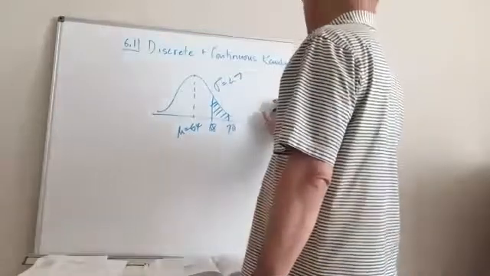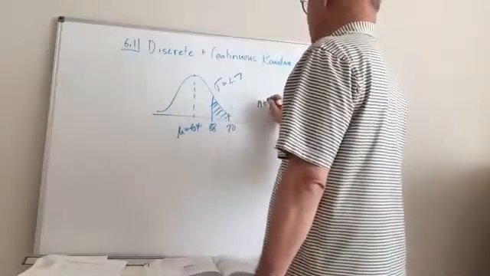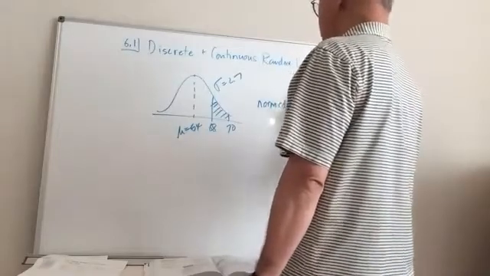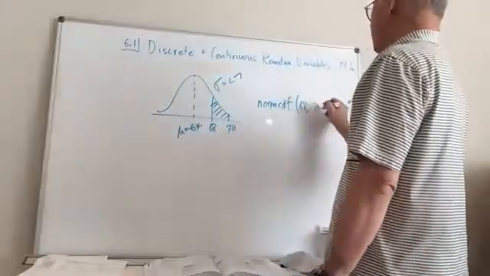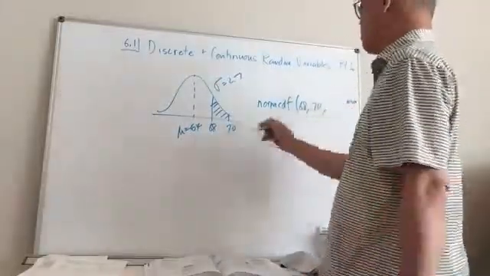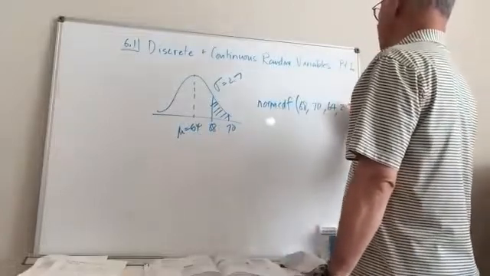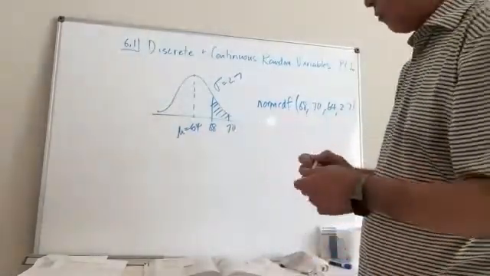To find the area underneath this curve, we will just use our good old friend norm CDF, where the lower bound would be 68 and the upper bound would be 70, with a mu of 64 and a standard deviation of 2.7. You just go ahead and run that.